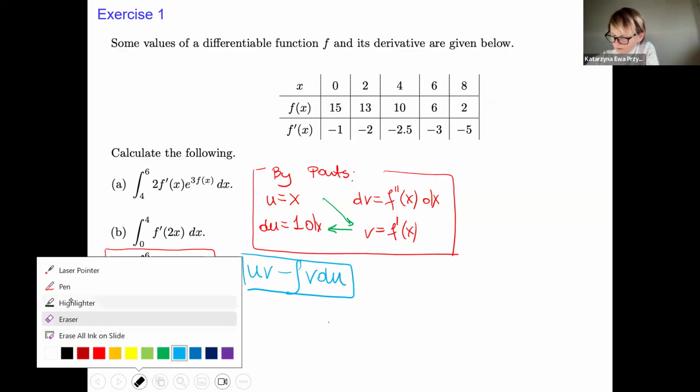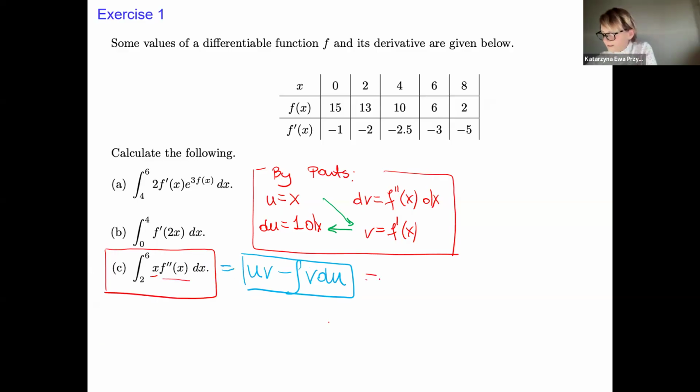Okay, so we will have x f prime of x minus integral of f prime of x dx. And what is the integral of f prime of x dx? It's just f of x. That's nice.